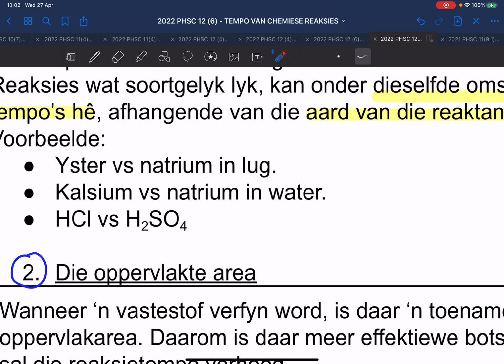If we look at iron versus sodium in air or in anything, and we see how it rusts, hoe dit roes. Watter een dink jy, which one do you think will rust faster, will react faster? Shazal? Nee, is verkeerd. Obviously, is die ander een. Okay. So, the one that reacts faster is sodium, natrium.